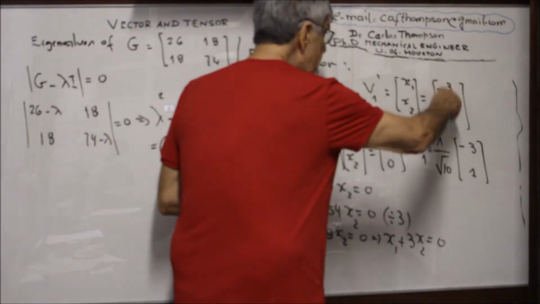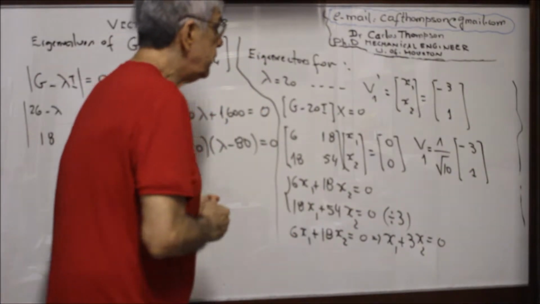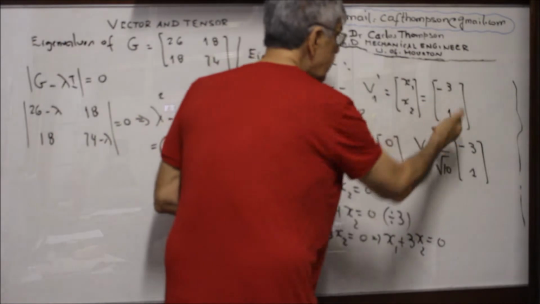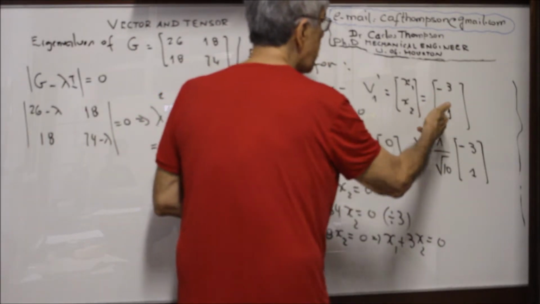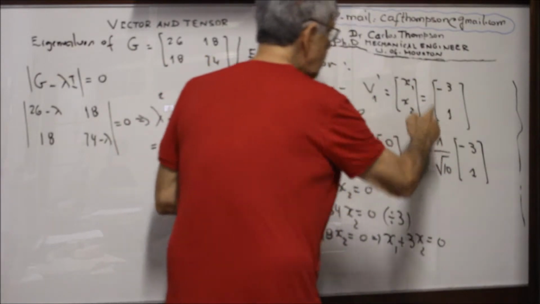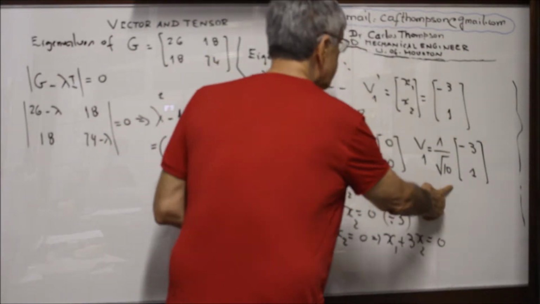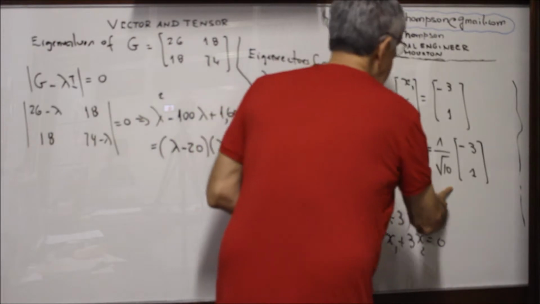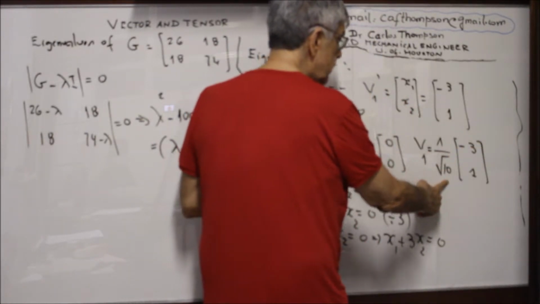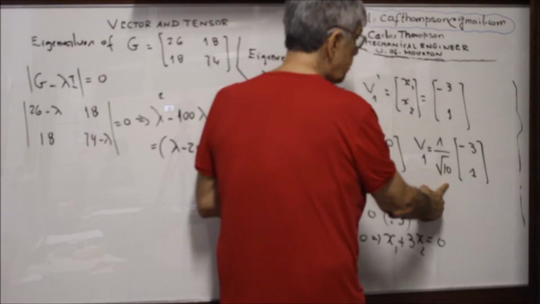But this eigenvector over here is not a unit eigenvector. So I have to divide by the magnitude of this vector. The magnitude of this vector is the square root of 10. So then you have minus 3 divided by square root of 10 and 1 divided by square root of 10.